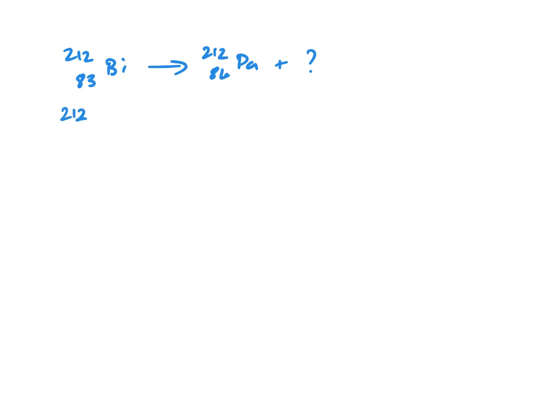So 212 on the left side for the bismuth must equal 212 plus the mass number of our unknown, and the 83 on the left hand side must equal 84 plus the atomic number. So that gives us that the mass number is 0 and the atomic number is -1. So therefore the emitted particle is 0, -1, which we can either write as e or beta for electron.